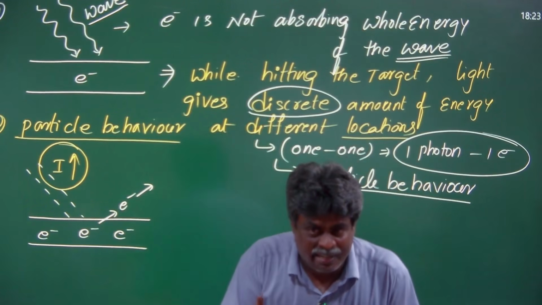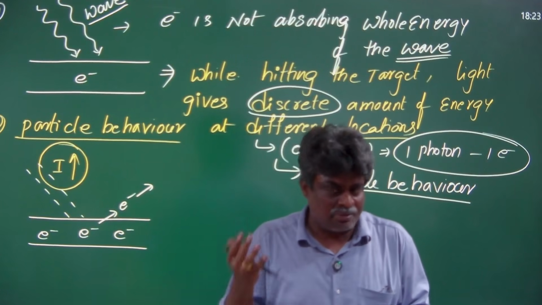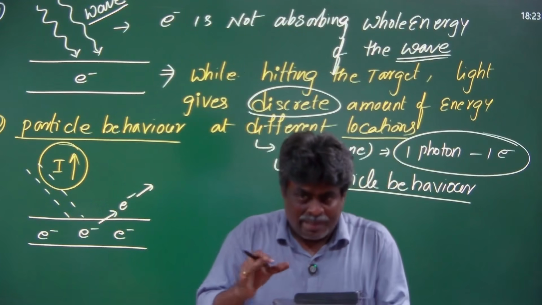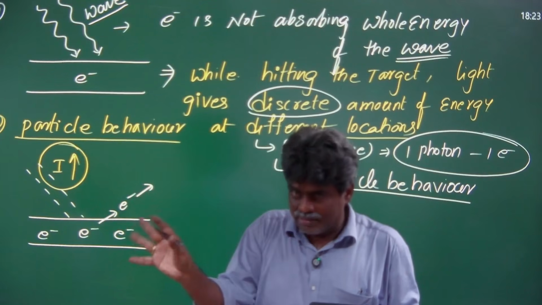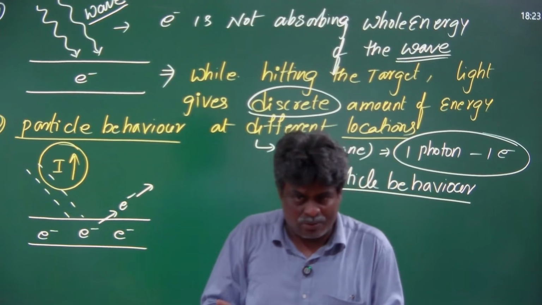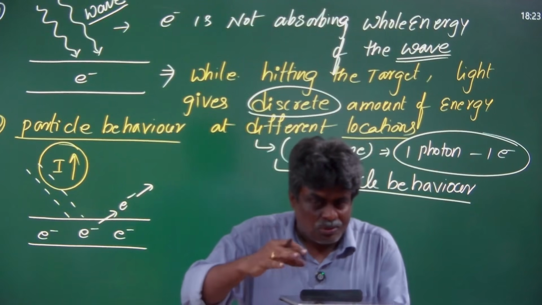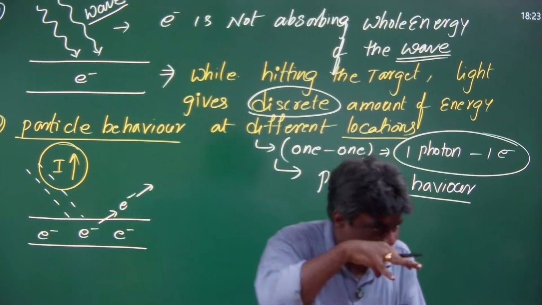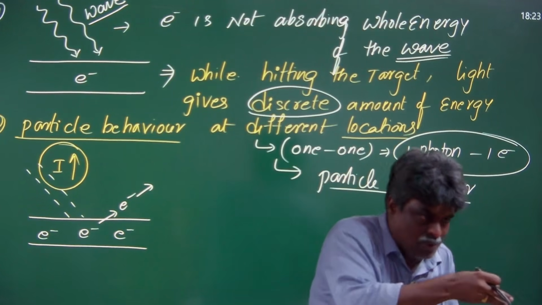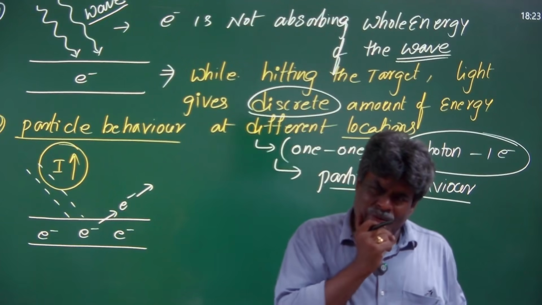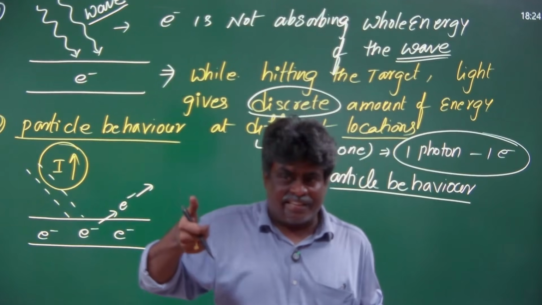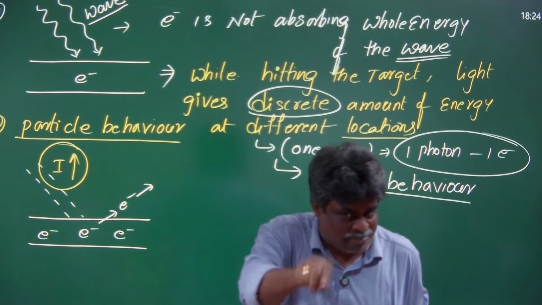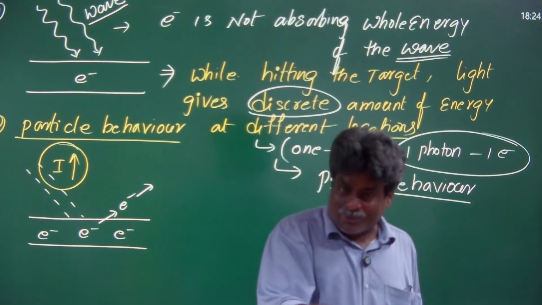Now you concluded, listen carefully, very important, it's beautiful. That genius, how he got that idea, we don't know. Actually, what I am saying is from what they have written, I am explaining those things, not from the books. Once again, while it is hitting the target, it behaves like a particle because it is giving a discrete amount of energy. Now let us increase the intensity again. Although you increase the intensity, it is behaving like a particle according to you.